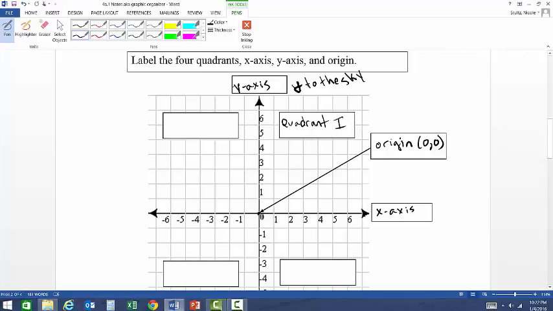And from quadrant 1, we actually travel counterclockwise. So the next quadrant, quadrant 2, will be in the top left. Quadrant 3 is in the bottom left. And quadrant 4 is in the bottom right.